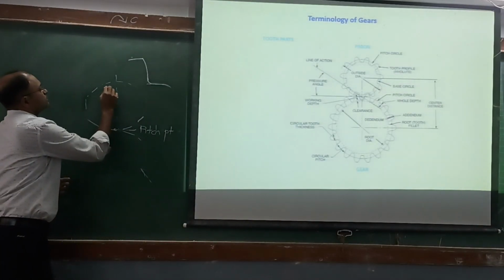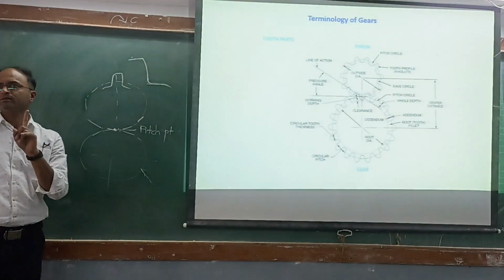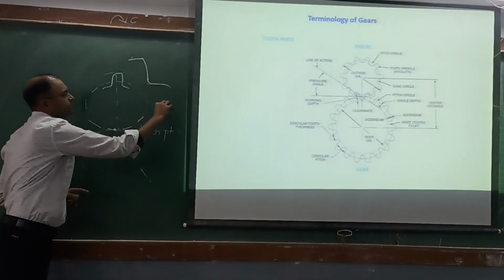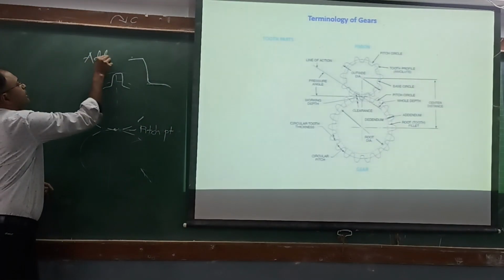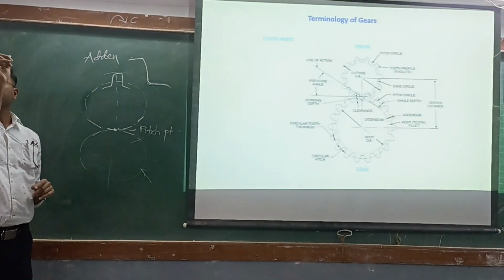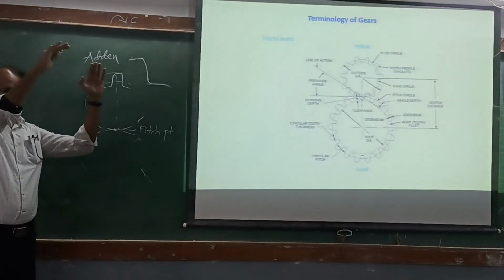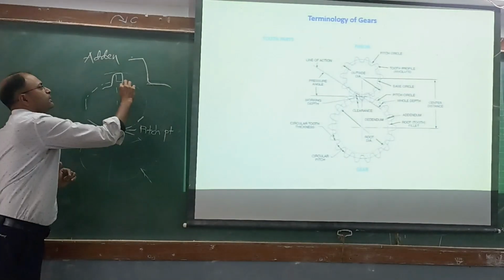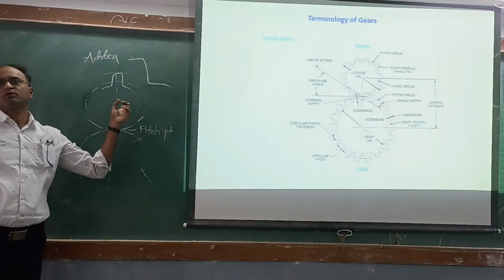If I take this as one tooth of a particular gear, the circle passing through all outer teeth is called the addendum circle. The circle passing through all pitch points is the pitch circle. The circle passing through all the dedendum points is the dedendum circle, and the circle passing through all such root points is called the base circle or root circle.